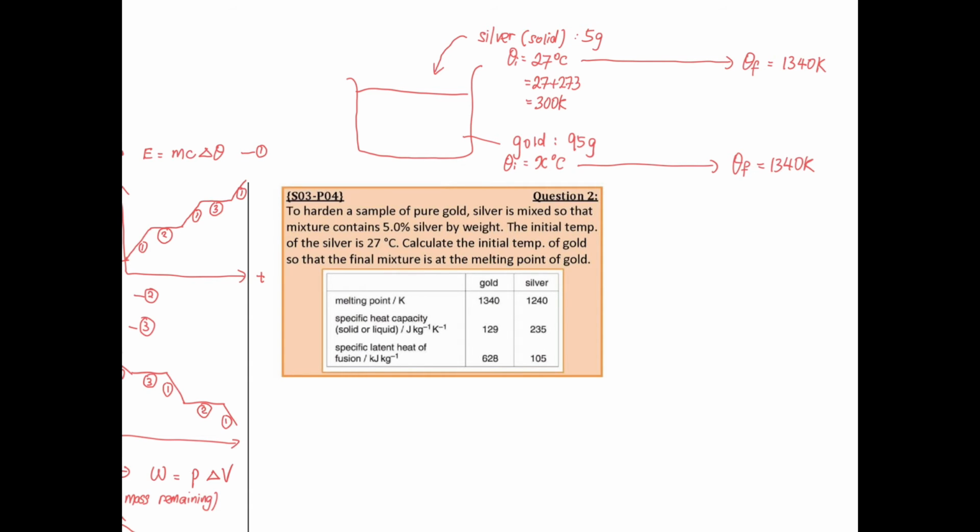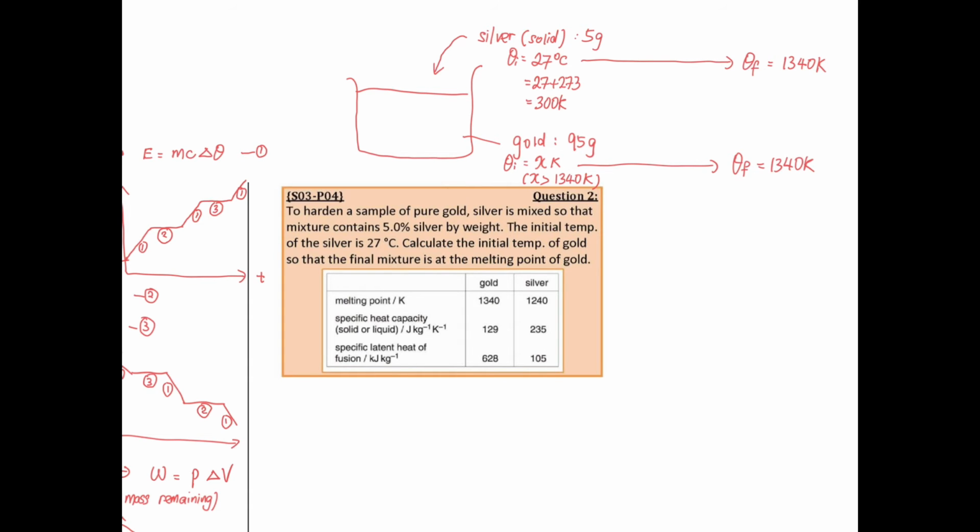Okay, let's say I change my situation to Kelvin since the whole question is using Kelvin. I have to say that X is greater than 1340 Kelvin. What's the reason? Because you put something cold into it, so the hot gold liquid is expected to cool down to 1340.